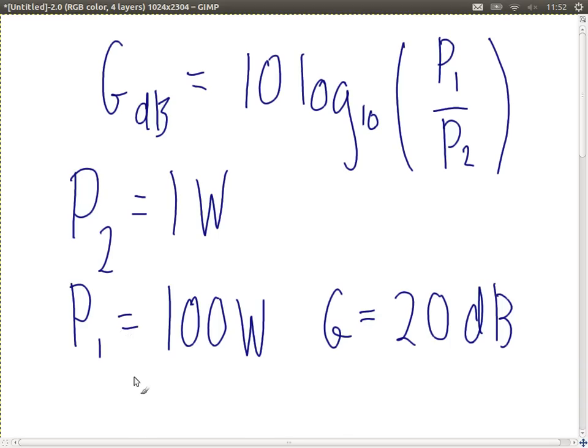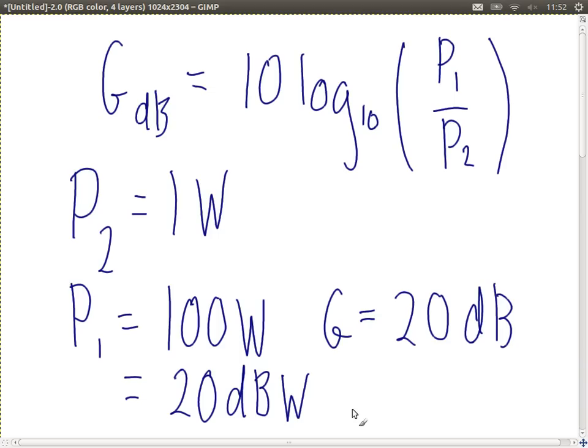Another way to write P1: 20 dB, it's 20 dB larger than 1 watt. So we get this new notation, dBW. P1 is 20 dB larger than 1 watt.